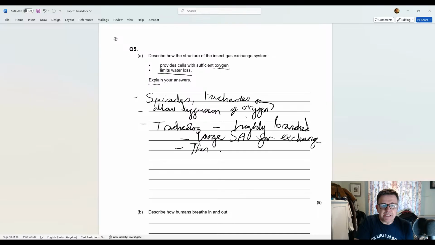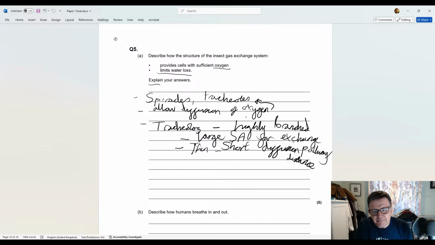Explain it, because there's a short diffusion distance. Short diffusion distance, yeah, that's better. The tracheoles are also permeable to oxygen. So they're permeable.